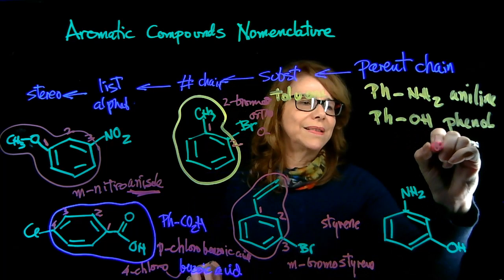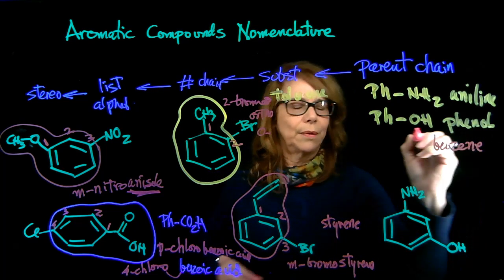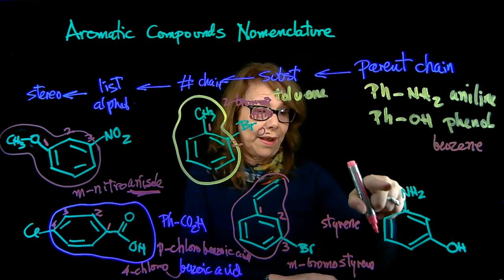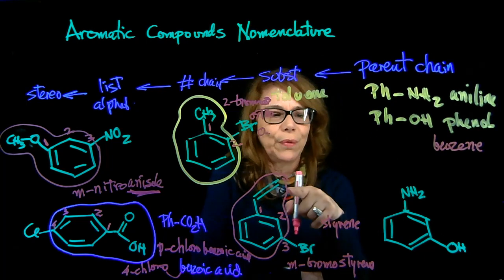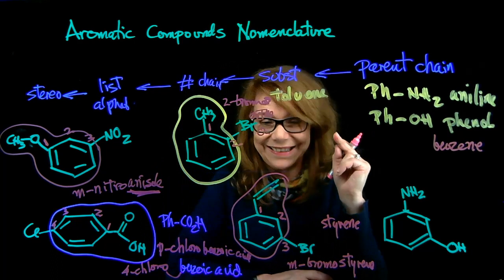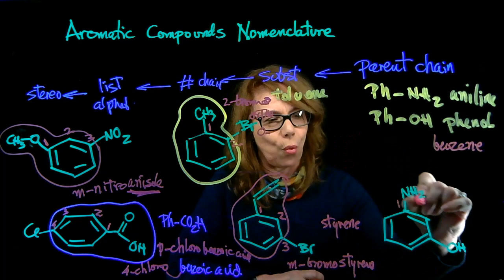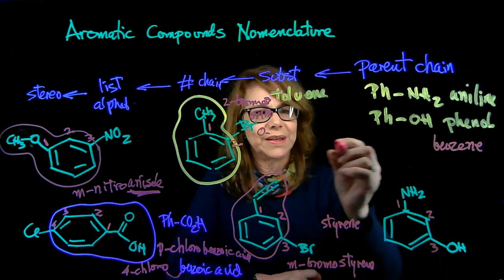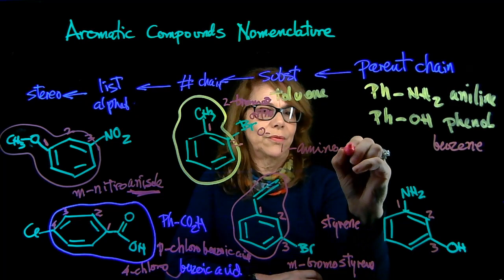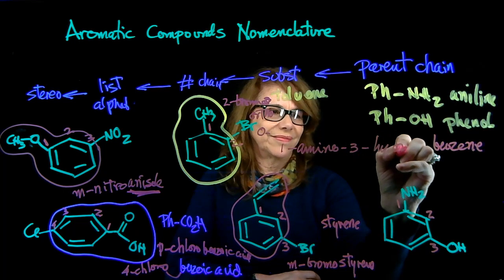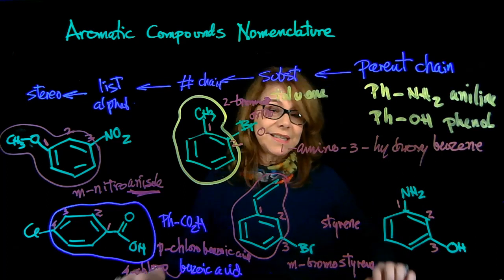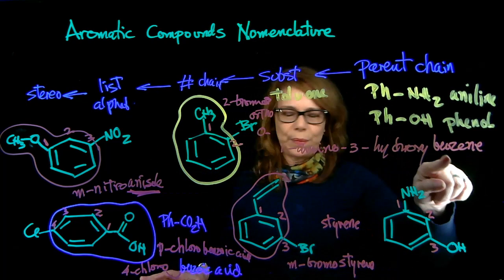If the parent chain is benzene, my substituents are going to be amino and hydroxy. So when we number the chain, amino, for the A, alphabetically, we need to give it the number 1. So 1, 2, and 3. So we're going to say 1-amino-3-hydroxybenzene for that.